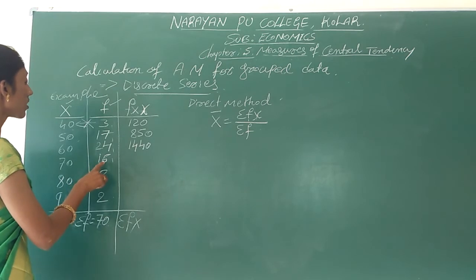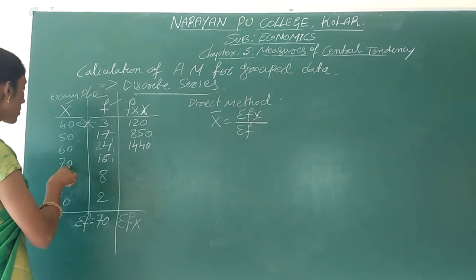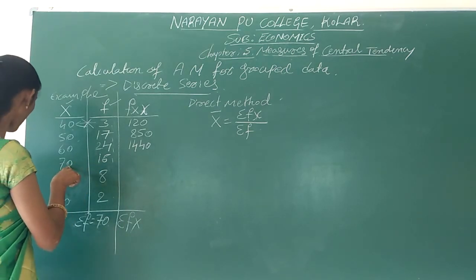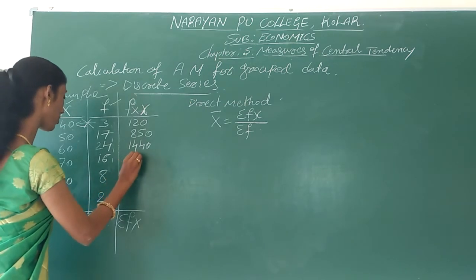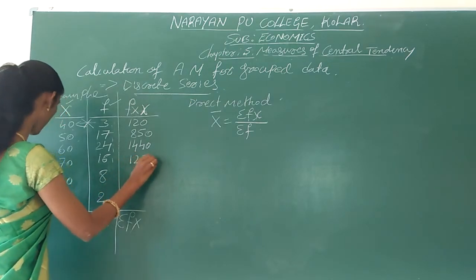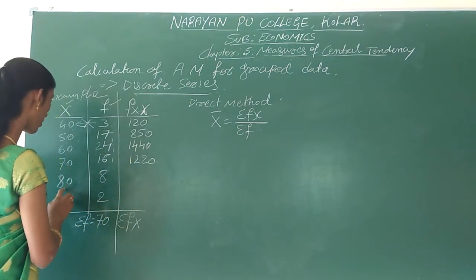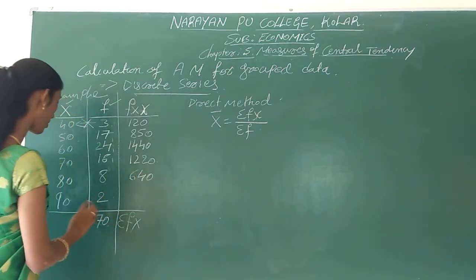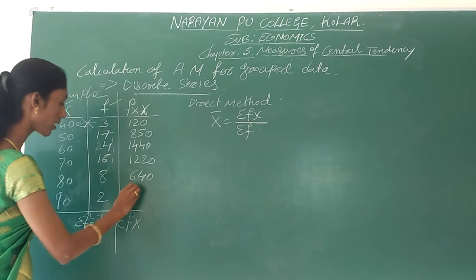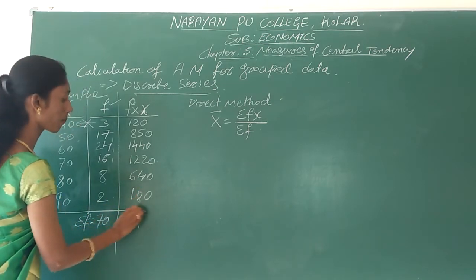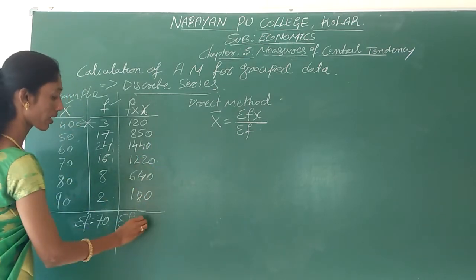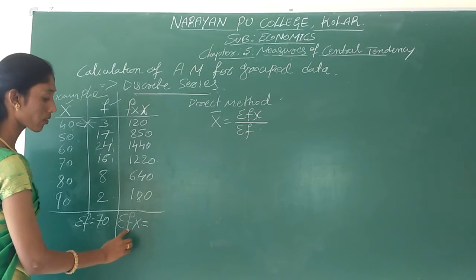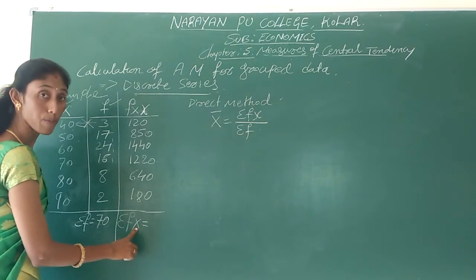Next, 16 into 70, we get 1120. Next, 8 into 80 is 640, and 2 into 90 we get 180. By adding all these, we get the sum of frequency into observation.